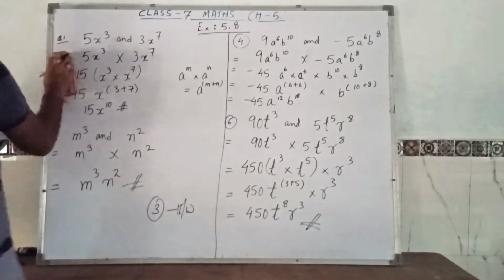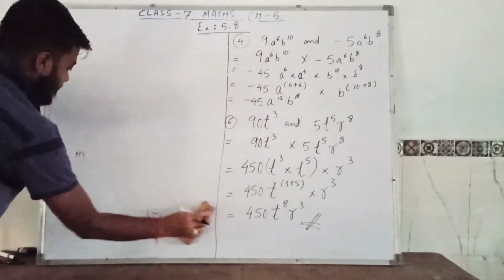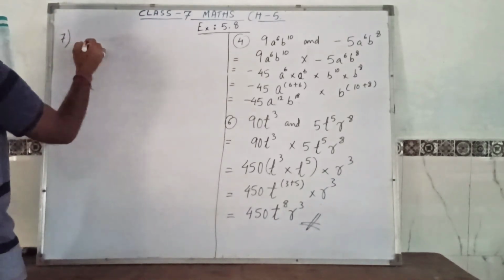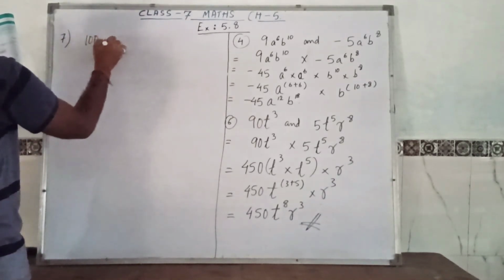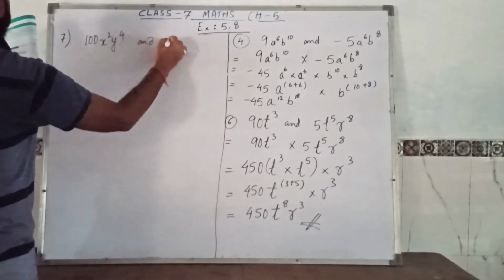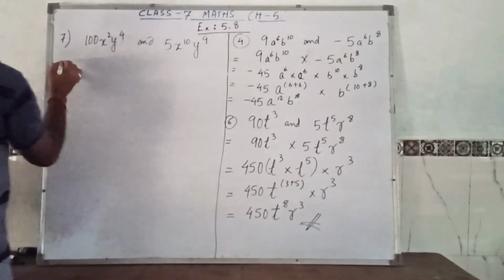Let us see number 7. Number 7, 100 x square y to the power 4 and 5 x to the power 10 y to the power 9.